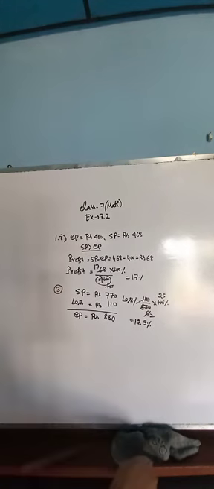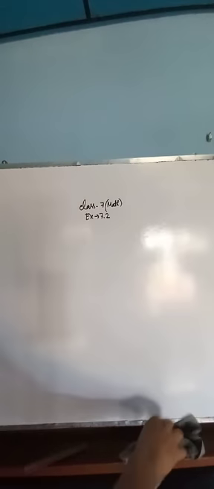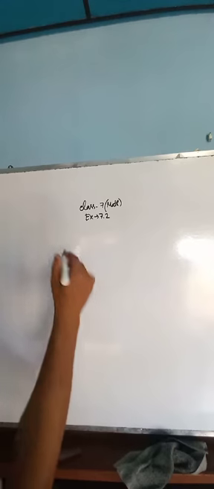Question number 8. Rao bought notebooks at the rate of 4 for rupees 35 and sold them 5 for rupees 58.